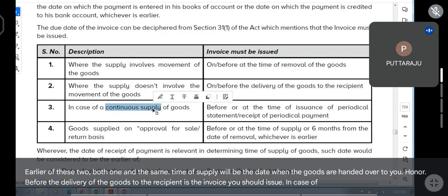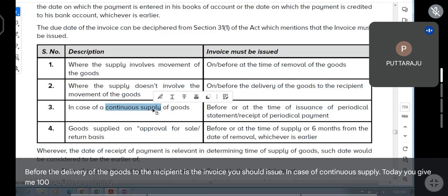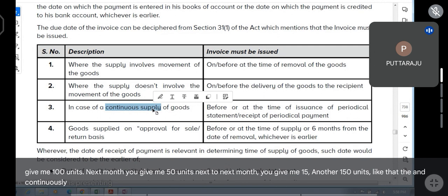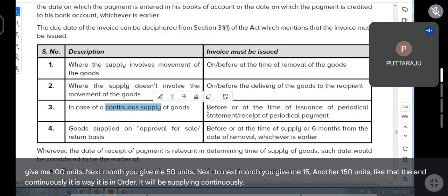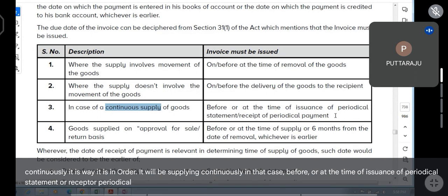In case of continuous supply, today you give me 100 units, next month you give me 50 units, next to next month you give me another 150 units, like that. Continuously it is supplied. In that case, before or at the time of issuance of periodical statement or receipt of periodical payment.